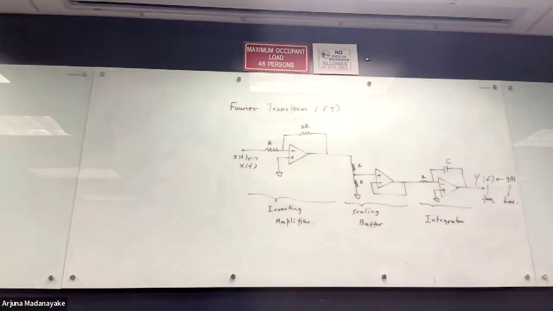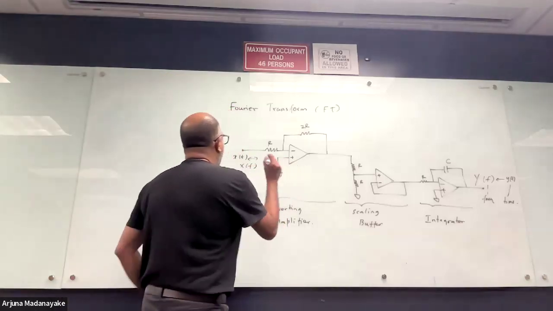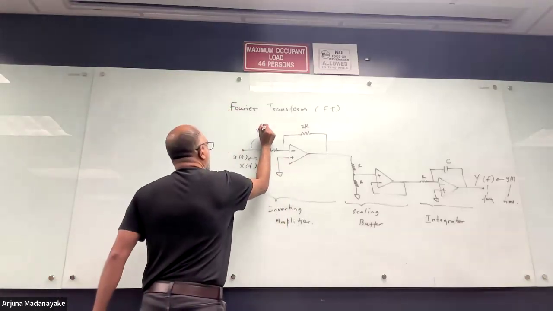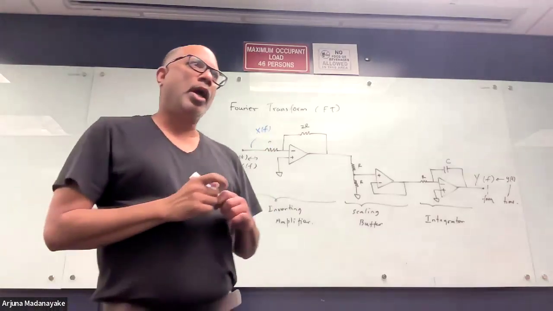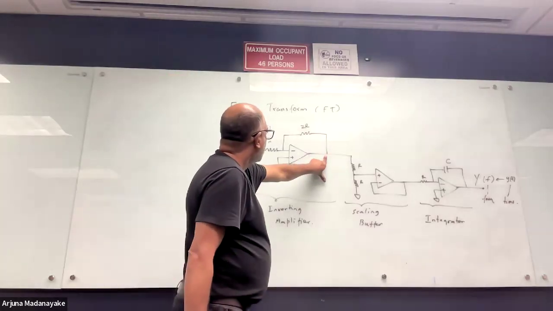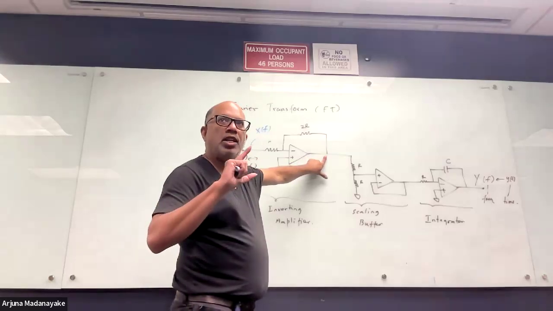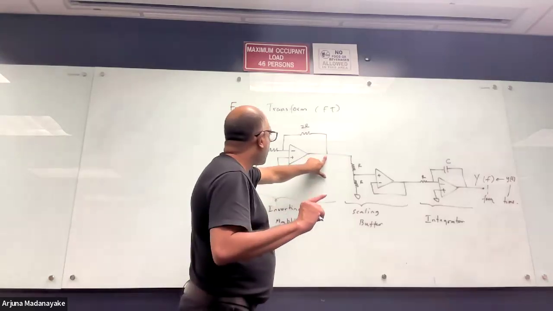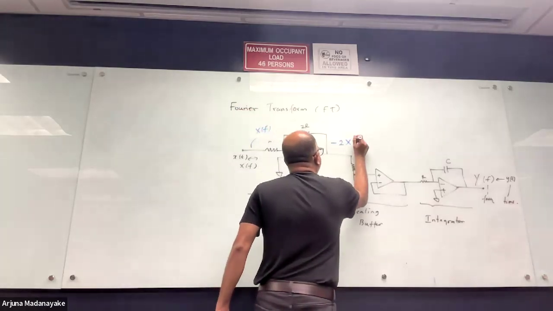So how do we do that? You can keep writing down the spectrum starting from the first point. Here the spectrum is X of f. What does this thing do? This will scale the amplitude by 2, but it has a negative sign because it's an inverting amplifier. So the spectrum here is negative 2 capital X of f.